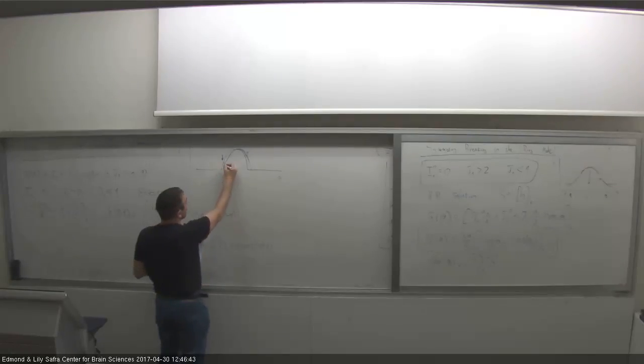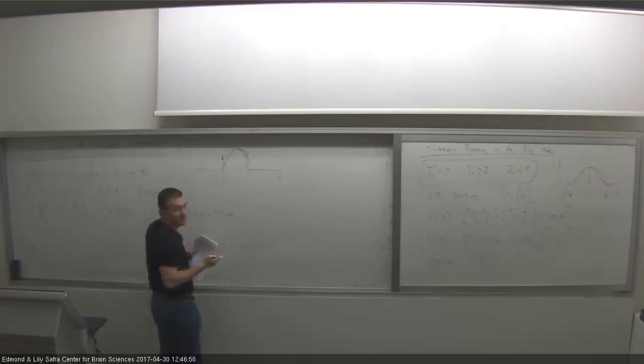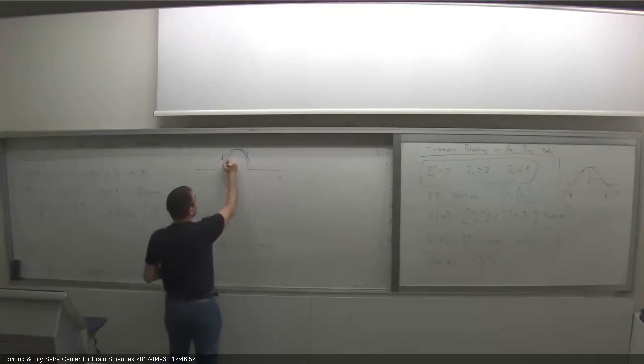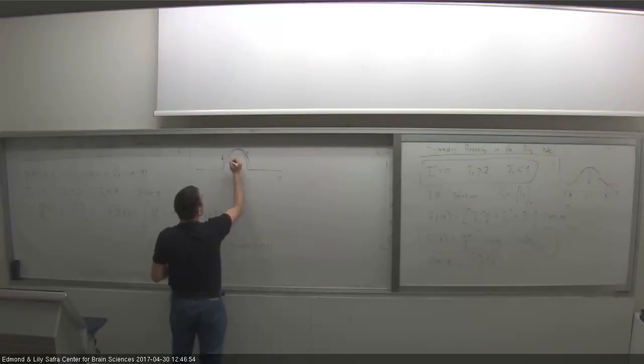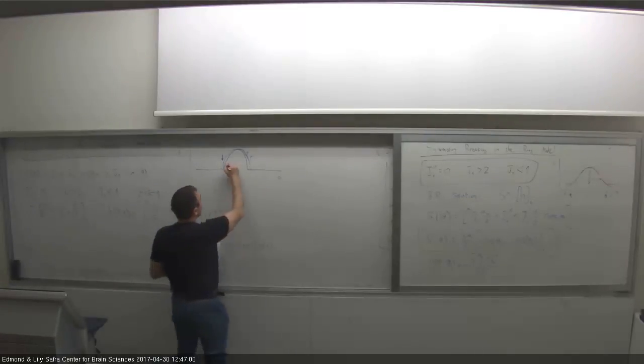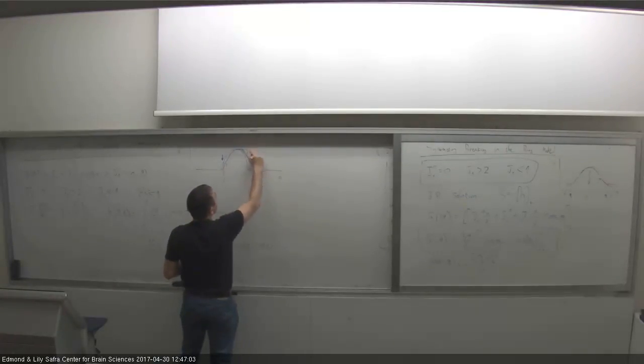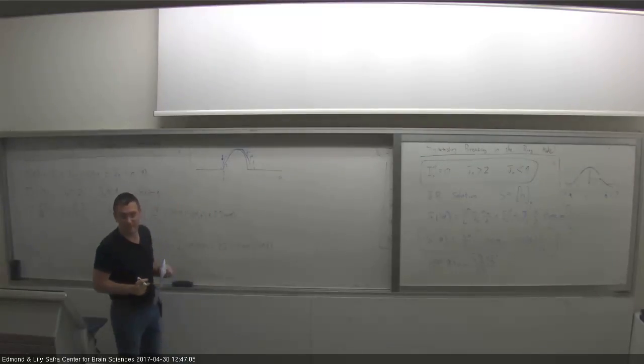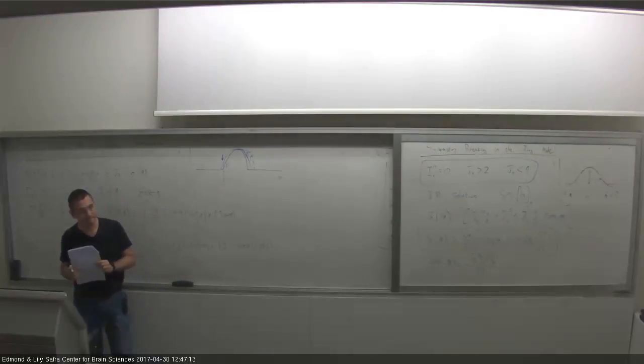So now all neurons receive a new input. But still these neurons receive more negative input than these ones that receive more positive input. So what will happen to the bump? Well, it will shift to the right. And this will happen again and again and again. So the net effect of this term would be what?